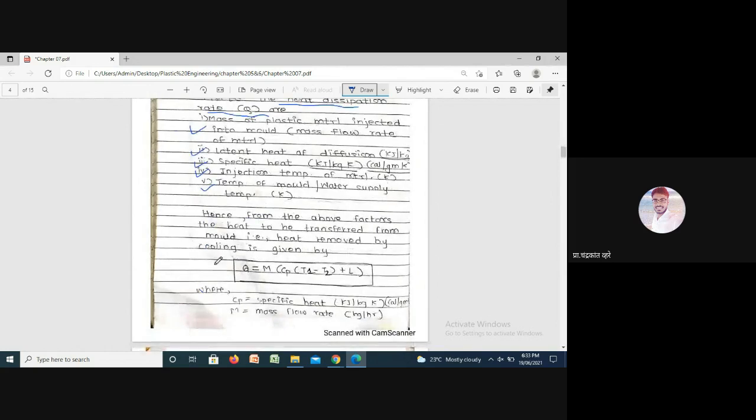We have a simple formula to calculate the heat dissipation rate. What is the formula? Q is equal to M into Cp into (T2 minus T1) plus L. Where Cp means specific heat in kilojoule per kg Kelvin.